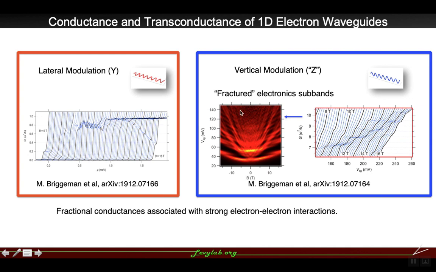So this is an interesting phenomenon. And in the vertical modulation, my group has seen that some fractal electronic subbands show up in the transconductance figures, which correspond to some fluctuation in the conductance figures. That has already been proved to correlate to strong electron-electron interaction.